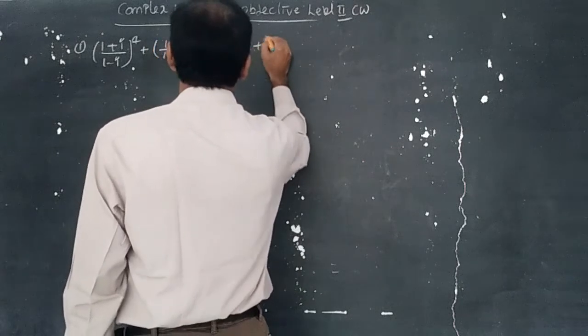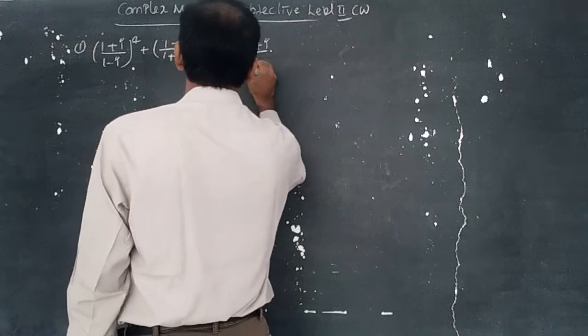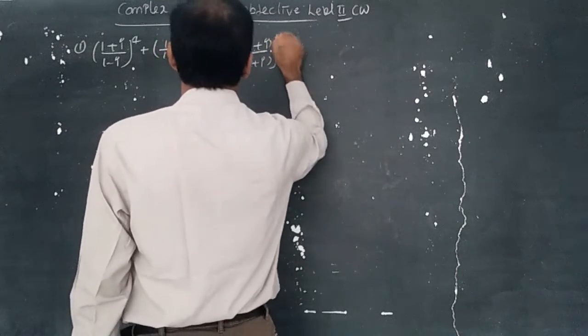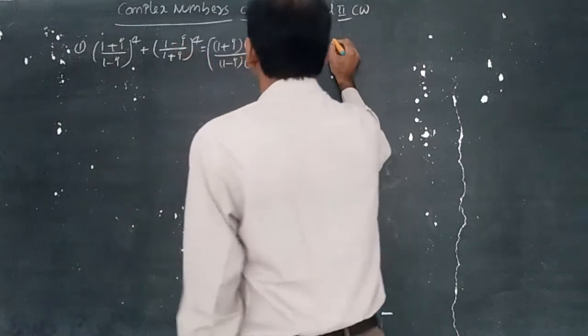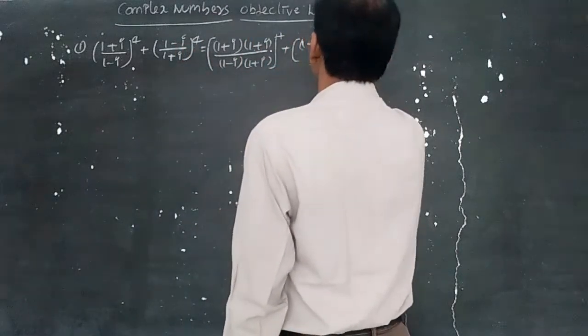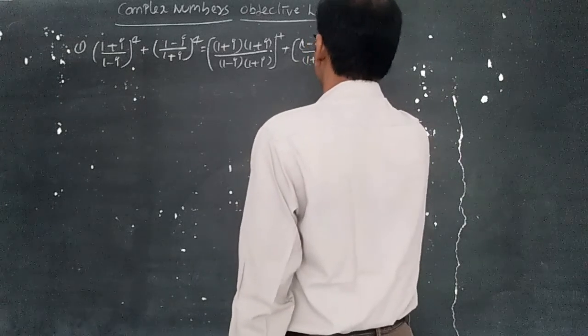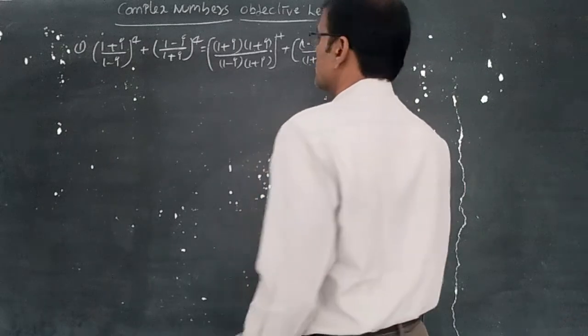So (1 plus i) into (1 plus i) by (1 minus i) into (1 plus i), total whole power 4. Plus, in the similar way, rationalize the denominator: (1 minus i) into (1 minus i) by (1 plus i) into (1 minus i), total whole power 4.